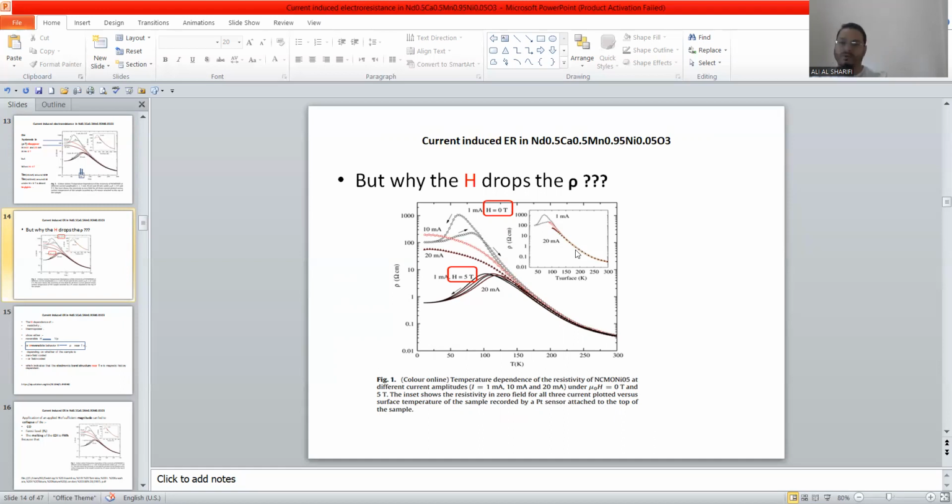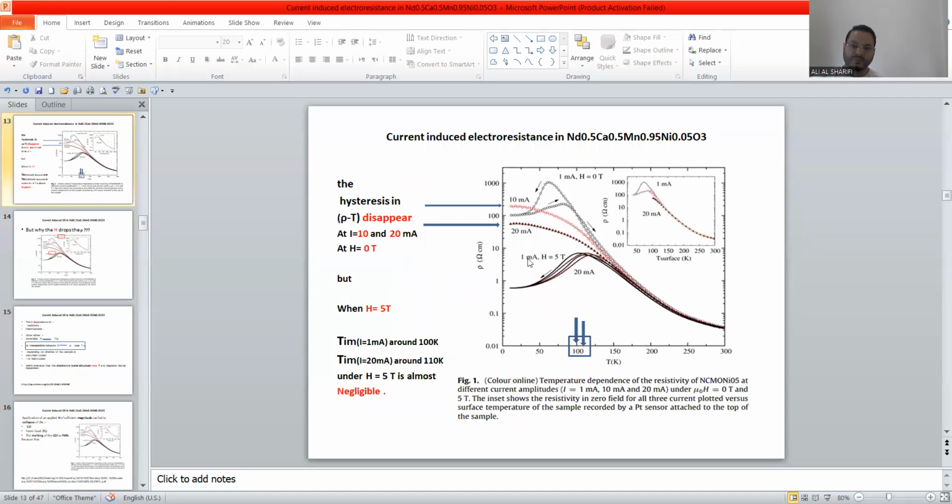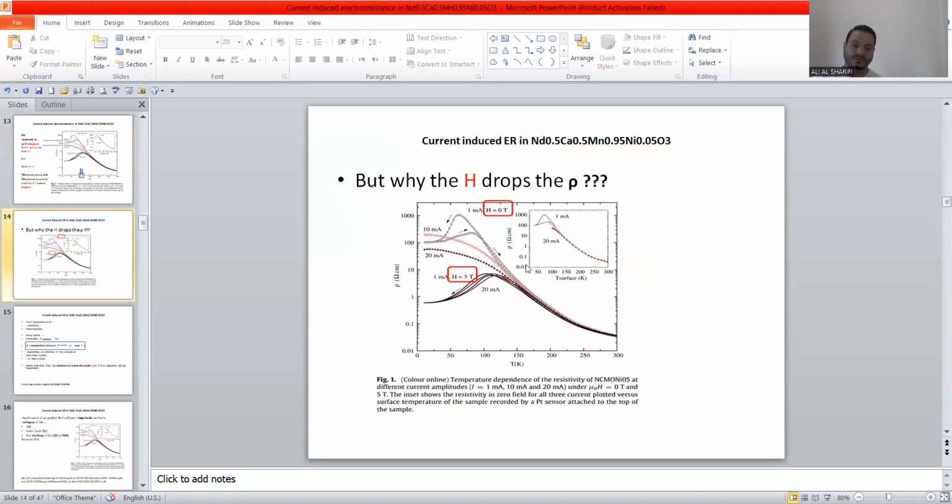I'm talking about the current. And at the same time, when you use 1 milliampere and 20 milliampere, with increasing the magnetic field, the resistivity starts to decrease.